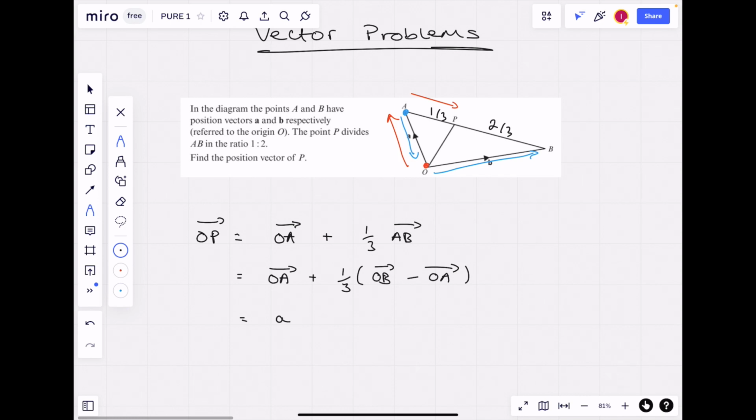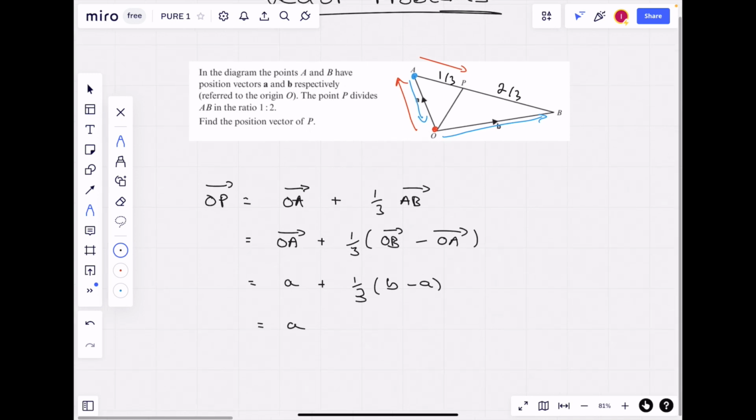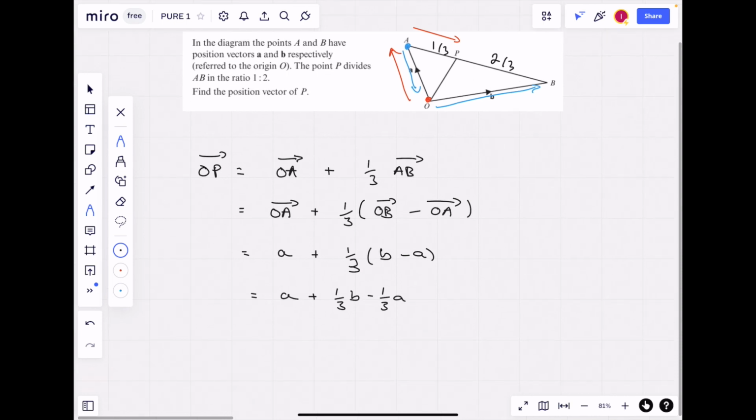So A plus a third of B minus A. We can expand that. A plus a third B minus a third A, which simplifies to 2/3 A plus 1/3 B. There you go. That's how you do that question.